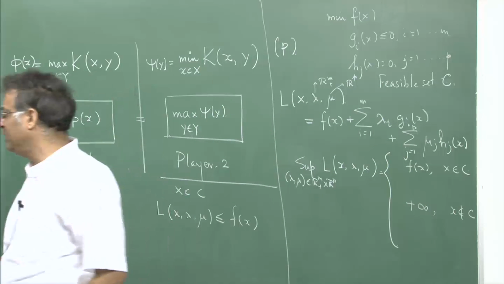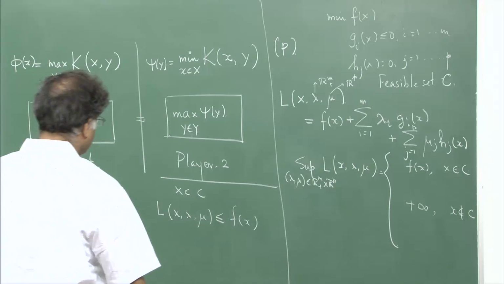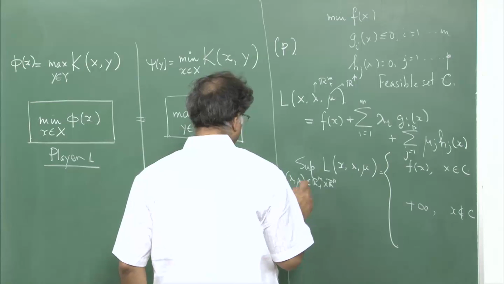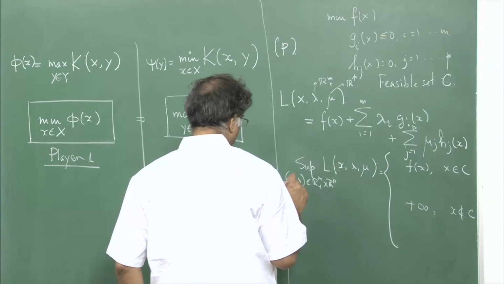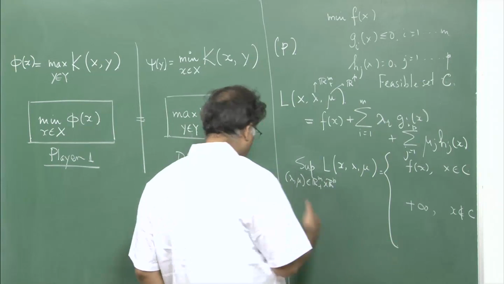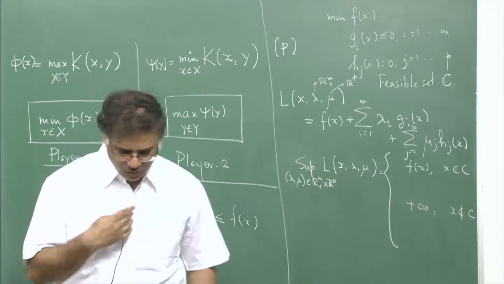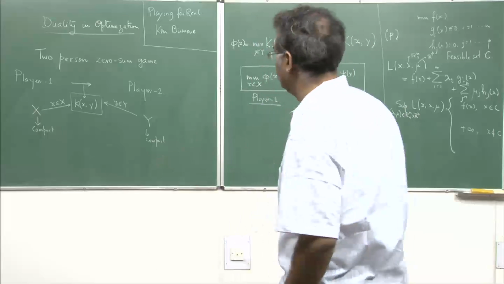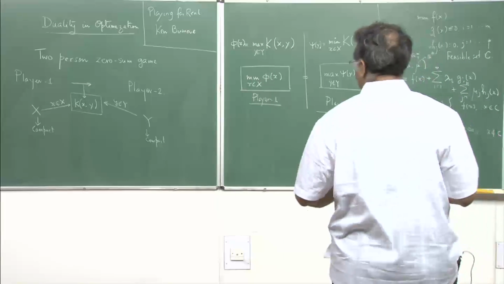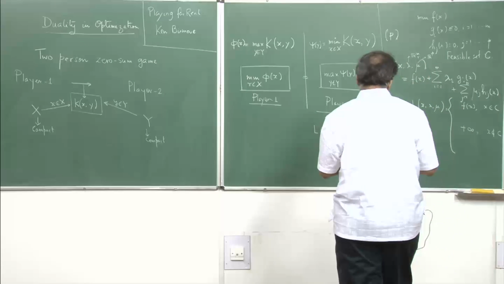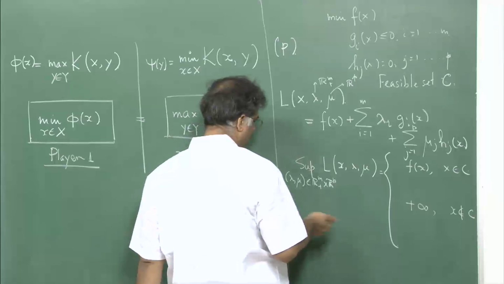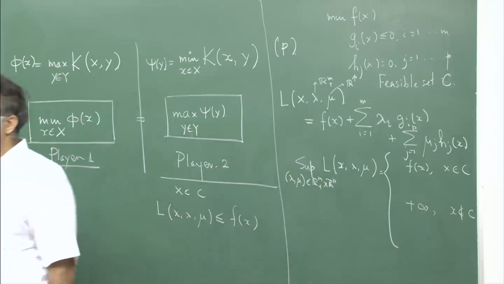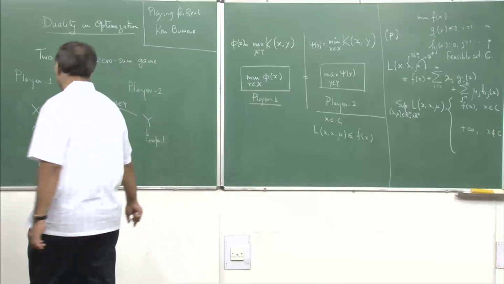So, how is it plus infinity? If x is not in C, it means either there is a j for which h_j(x) is not equal to 0, or an i for which g_i(x) is strictly bigger than 0, or both. Suppose I just take one of the cases, take an x for which h_j(x) is not equal to 0, and without loss of generality assume h_j(x) is positive.